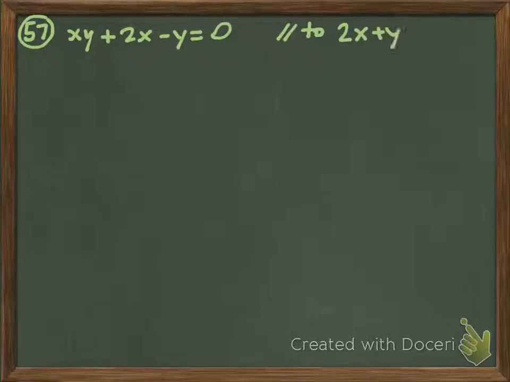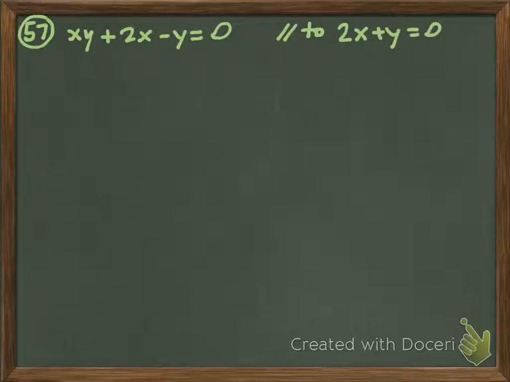I am given the equation xy plus 2x minus y equals 0, and I want the normals parallel to, and you will see parallel a lot, 2x plus y equals 0.